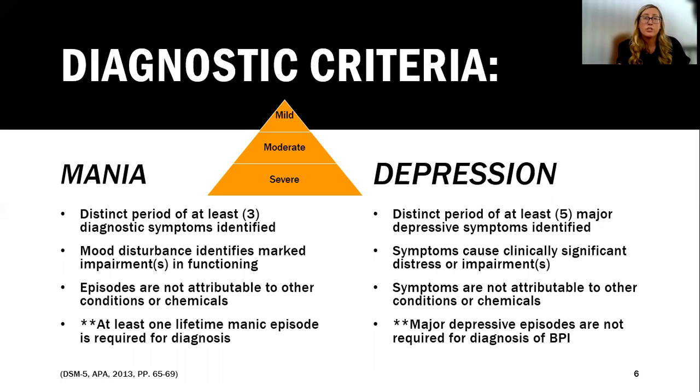And for the depressive side, one doesn't necessarily need to have that as part of the bipolar diagnosis, the way they need the manic episode. So there are some defining features, but again, it's on a spectrum that is individualized for each person.